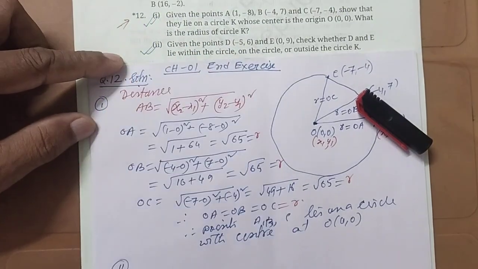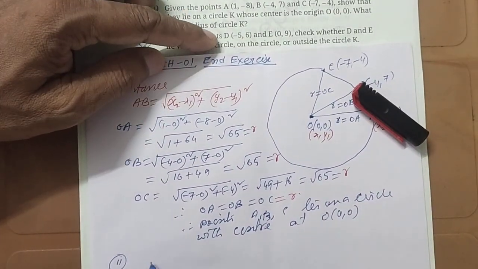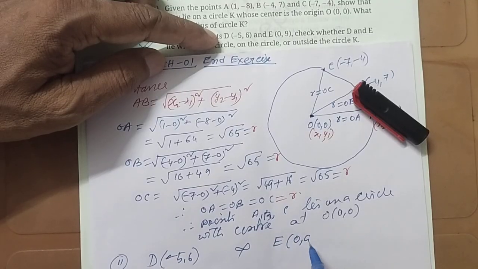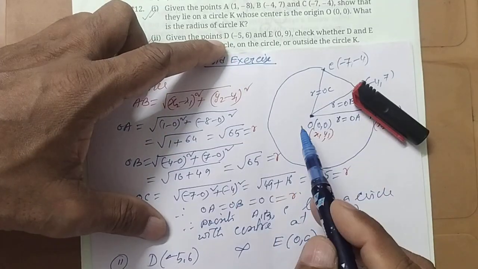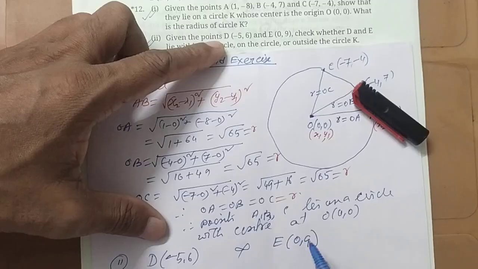Now second part. There are 2 points given, D and E. Point D is (-5, 6) and another point E is (0, 9). And we have to check whether point D is lying inside the circle or outside the circle, and E also. So we can find the distance.